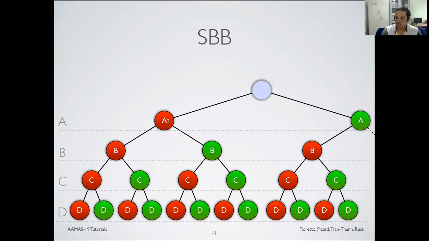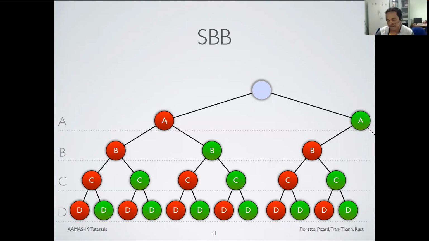Either A can choose red or A can choose green.